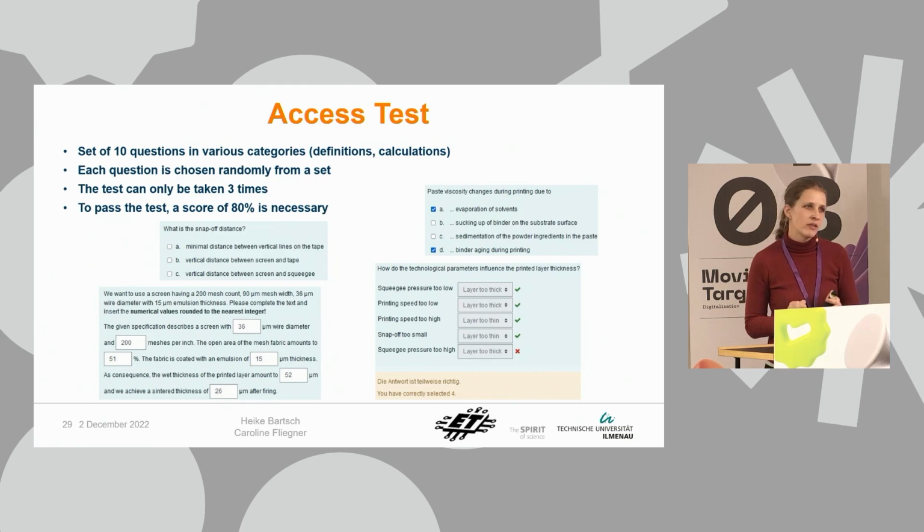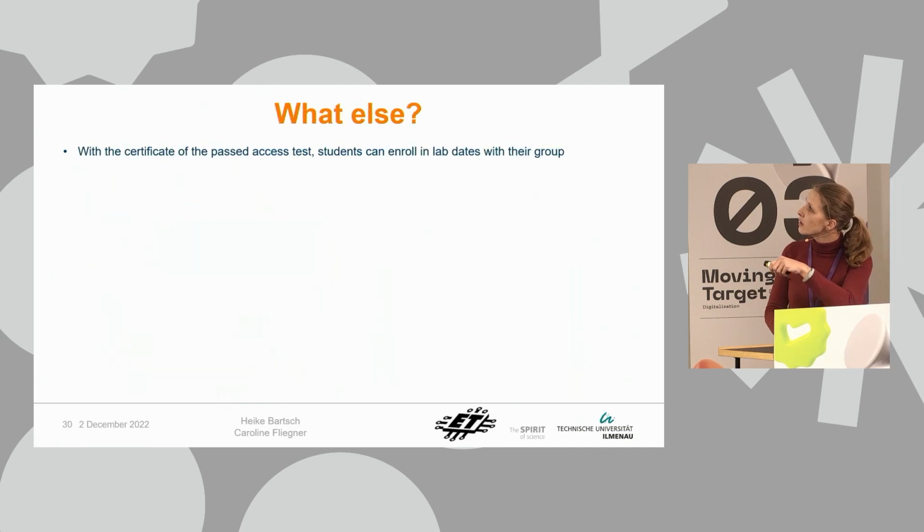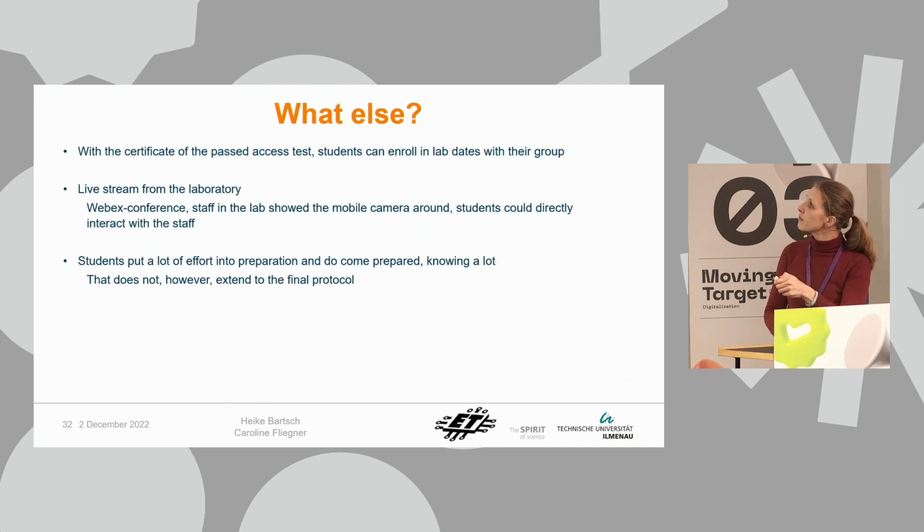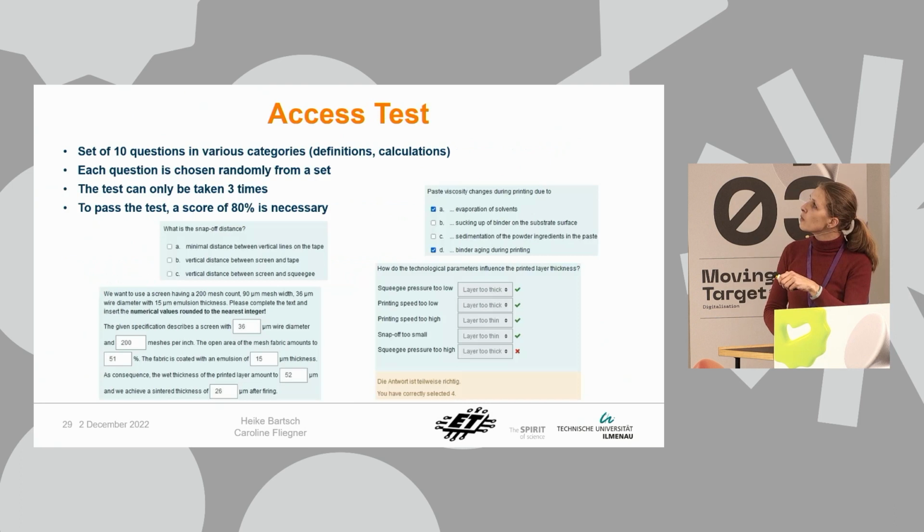So what kind of influence does one typical parameter of the screen printing process have on your outcome? In this case, it's here. Which technological parameters do influence the layer thickness that is being printed?